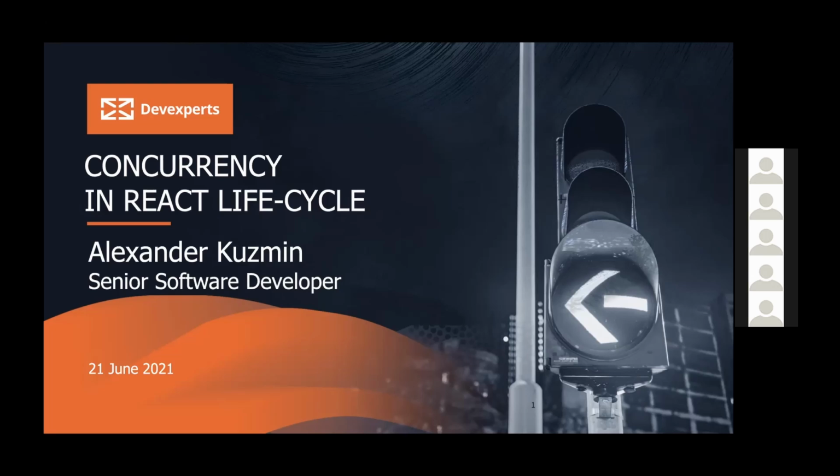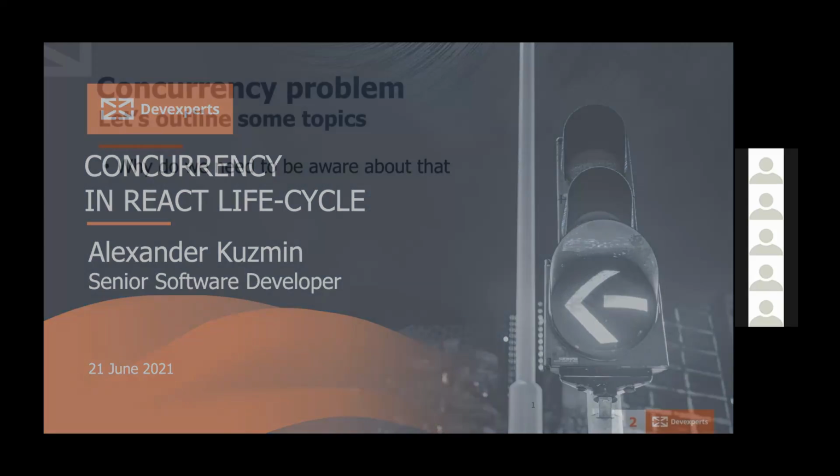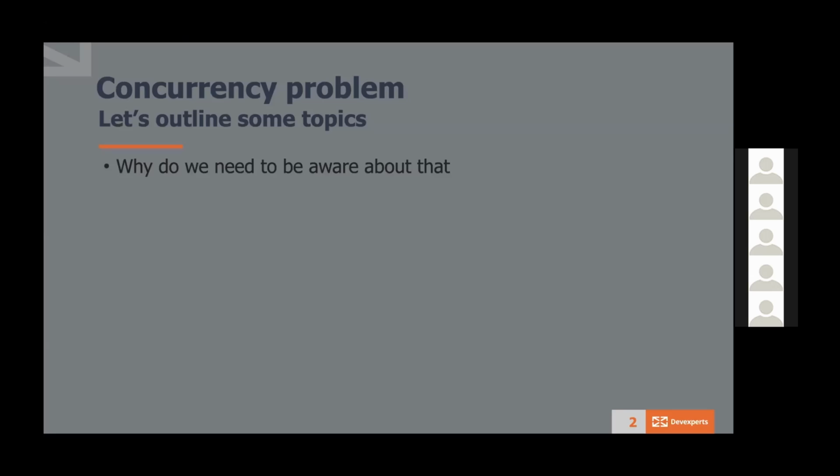So first of all, why do we really need to be aware of concurrency problems, what is it about, where exactly can it happen, and what is the simple solution to this problem?